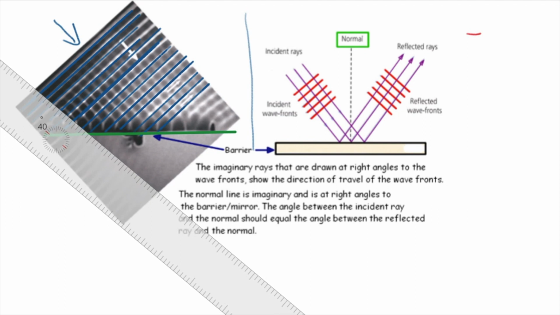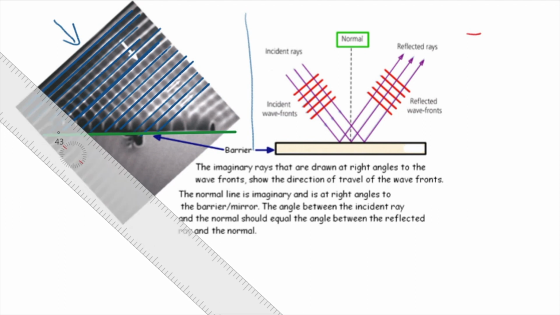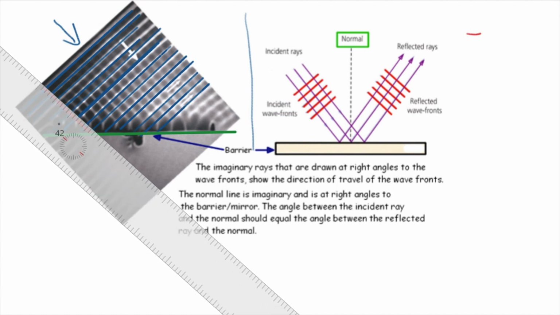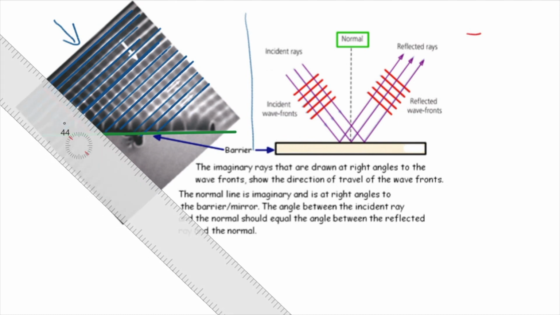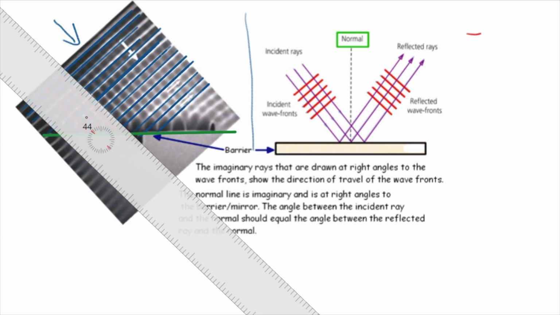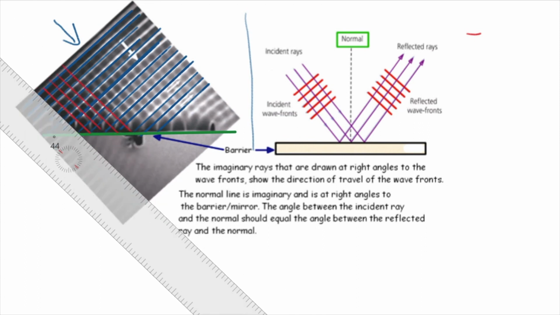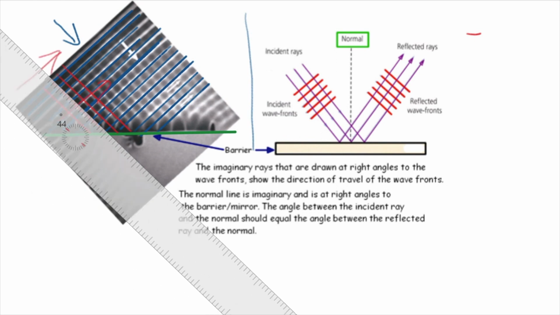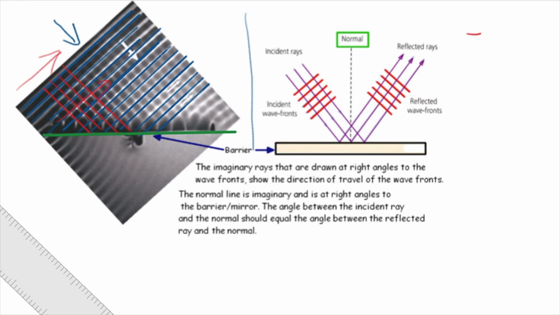I'm just drawing them like this so that you can identify which waves are reflected, moving away from the boundary, and which are moving towards it. So the ones I'm drawing in red are now moving that way. I could continue and keep drawing those red lines in.